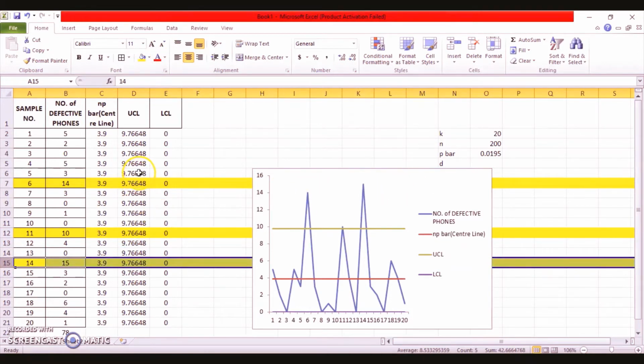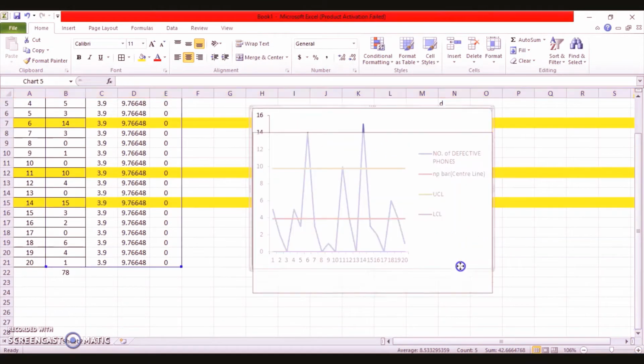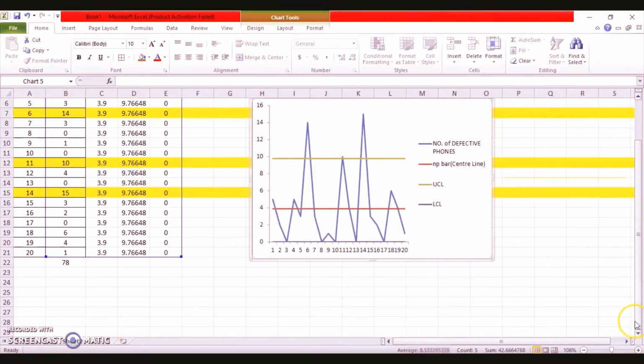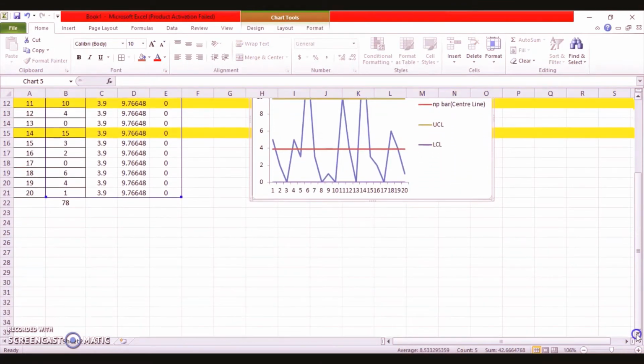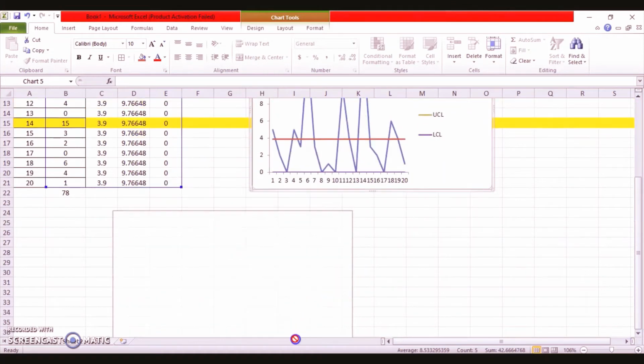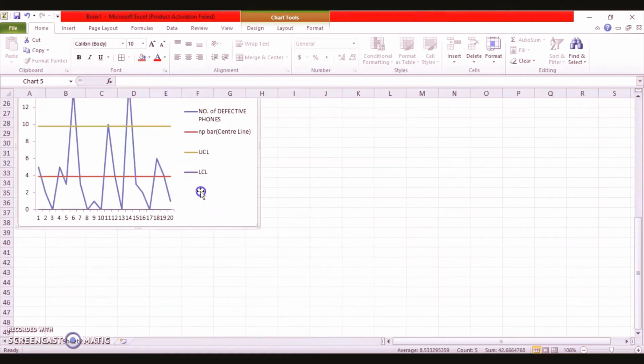Because the value of upper control limit is 9.7 and the values for these three are 14, 10 and 15. So obviously they will exceed. So firstly I will just try to place the line graph here so that we can pursue the rest of the calculations.